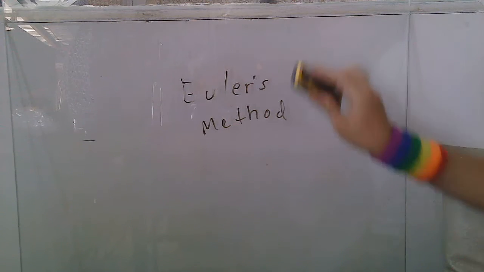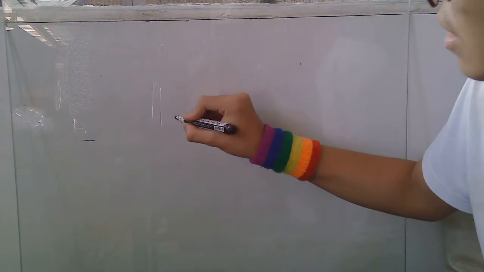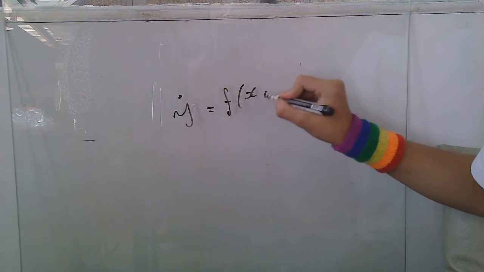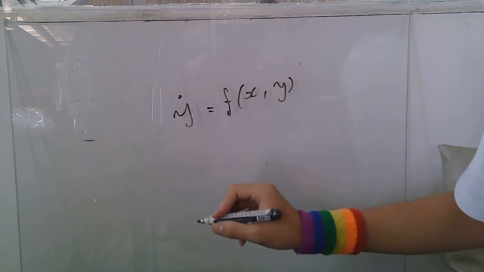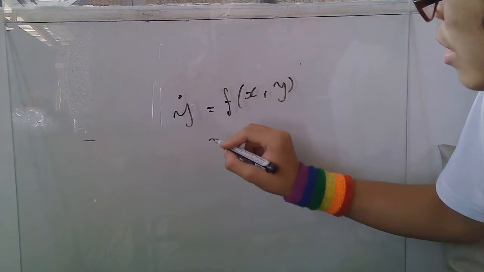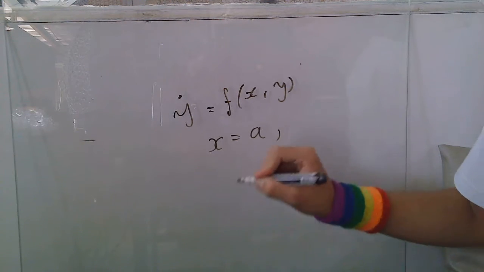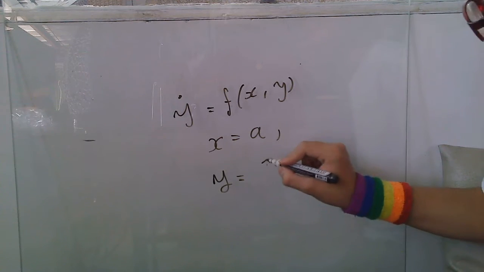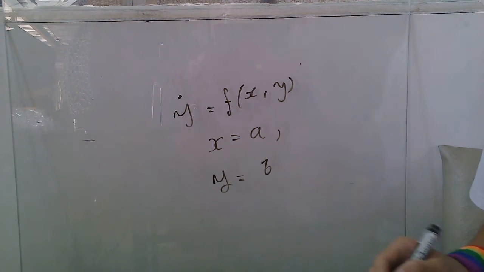So we have an initial value problem, usually just an initial value problem: y dot equals f of x, y such that at a point x equals a, y is b. This is b, not a note. This is how we write an italicized b, like LaTeX.